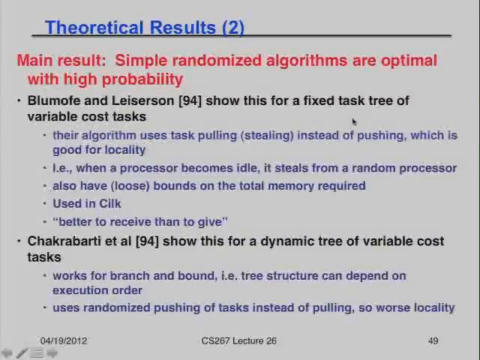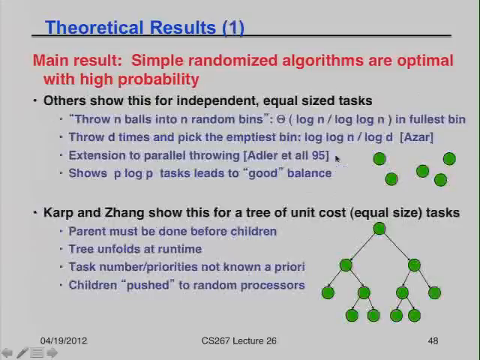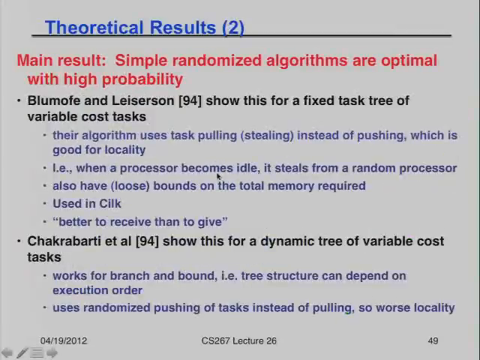So the next thing people did, and this was actually the idea in Silk, was the tree is fixed, but the tasks can be variable. They're not all necessarily the same. And so now I have the two options of pushing, where I throw it away to a random processor, or stealing, which is what Silk does.